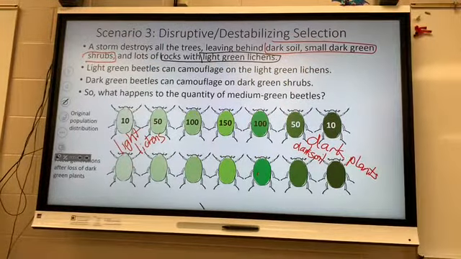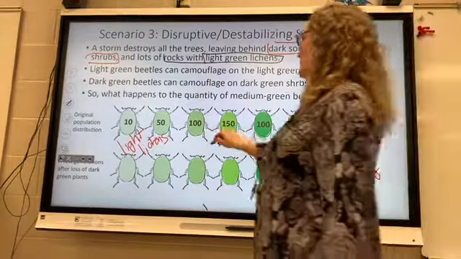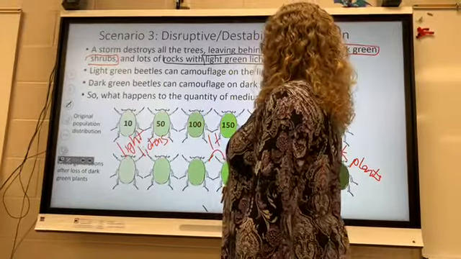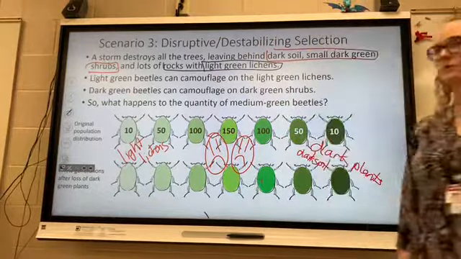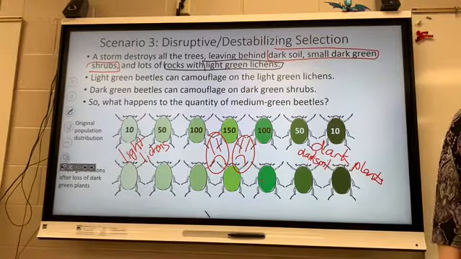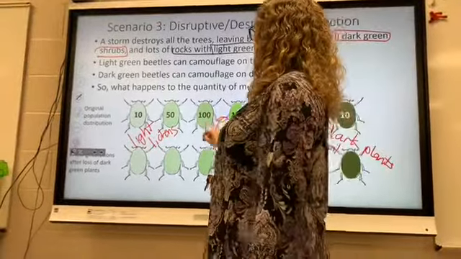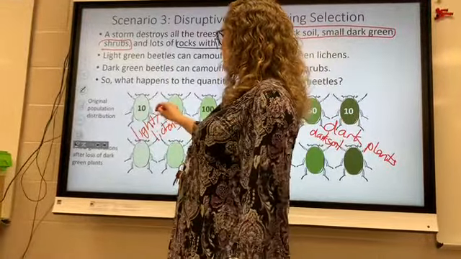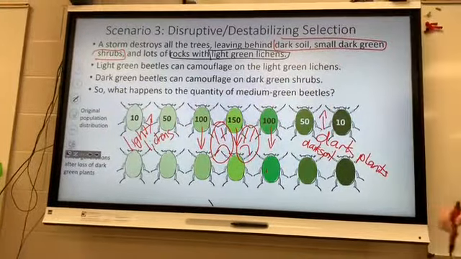Who's going to have difficulty camouflaging? The ones in the middle? It's looking bad for them. There's no more trees left, and the trees is where they used to camouflage. Okay? So these population numbers are going to go down. Whereas these, overall in the population, we expect those to go up.